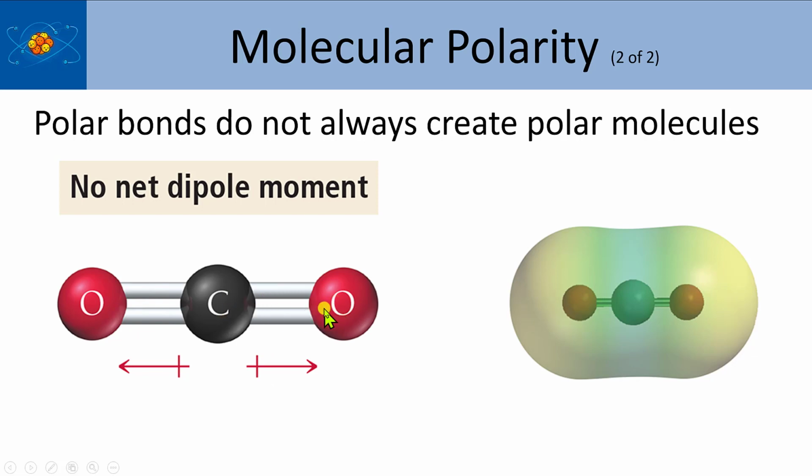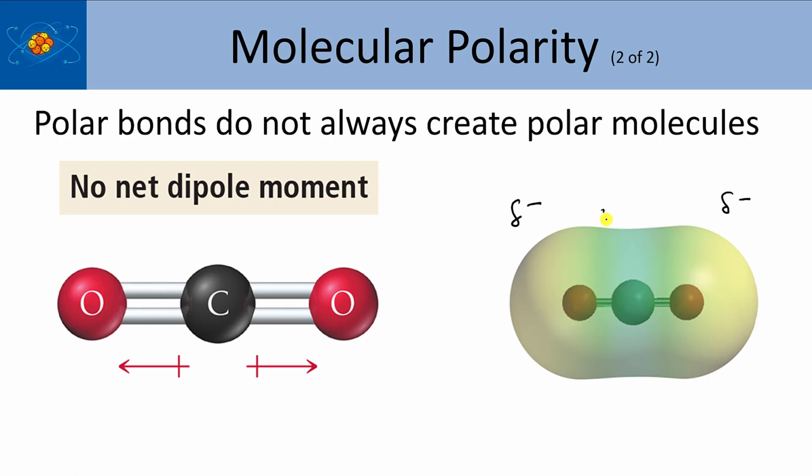That means the bonds are polar. But if you look at the molecule, you'll notice that the left side has a partial negative charge on it, and the right side has a partial negative charge on it. And when we're talking about molecular polarity, we're talking about a difference in polarity between the ends of the molecule and not the ends of the bond.